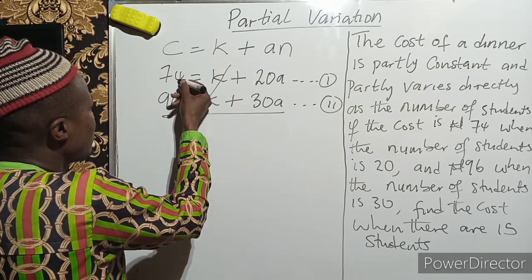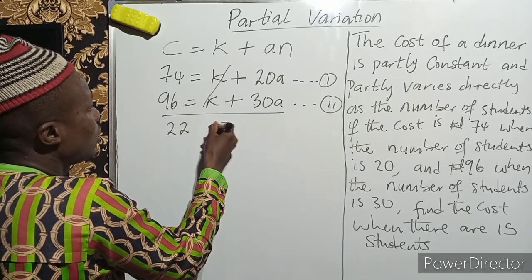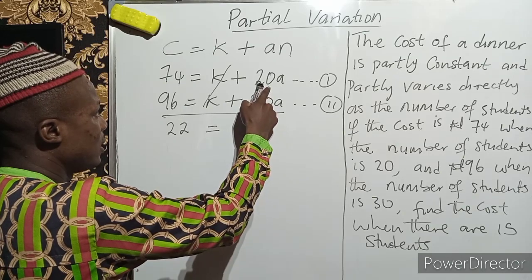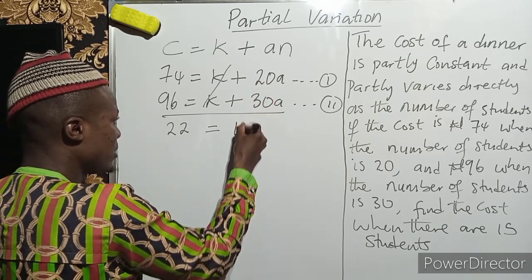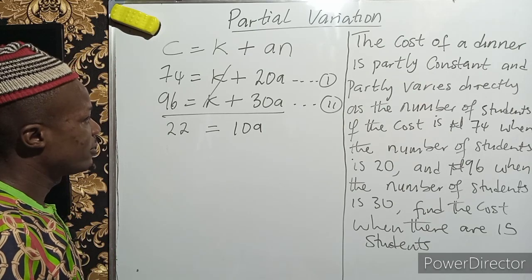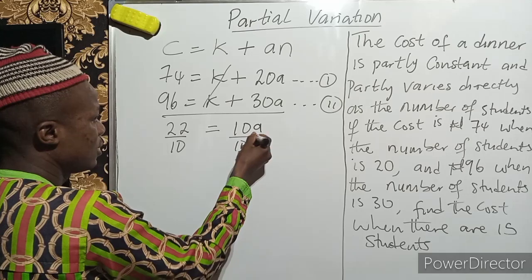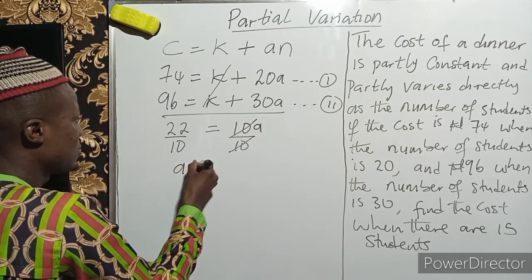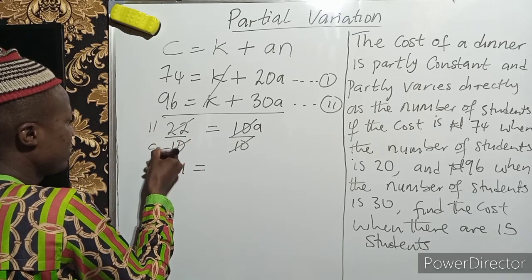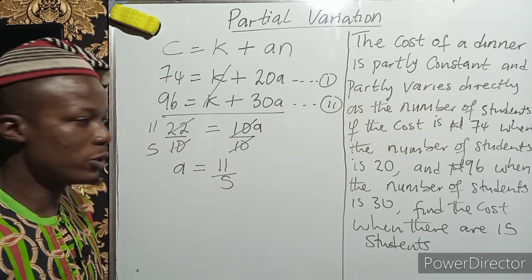Now 96 minus 74 will give us 22 equals 30 minus 20 will give us 10A. Okay, so to get the value of A, I will divide both sides by 10, 10 over 10. 10 cancels out. So you see that 2 here is 11, 2 here is 5. So my A is 11 over 5, or I will just call it 2.2.